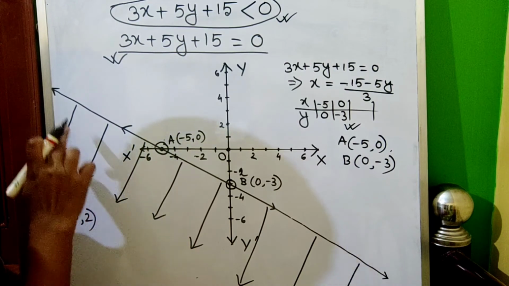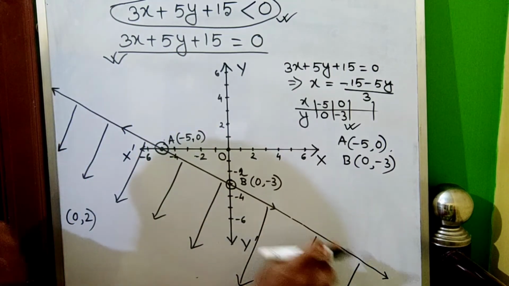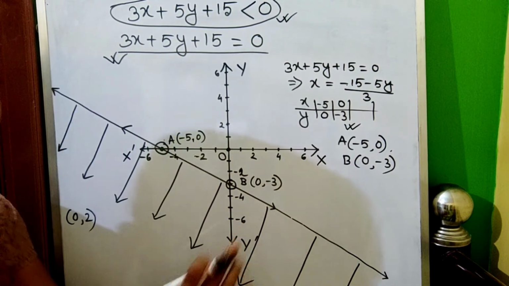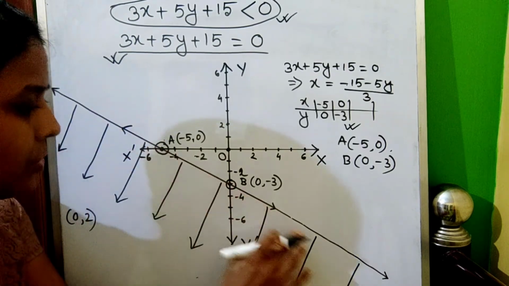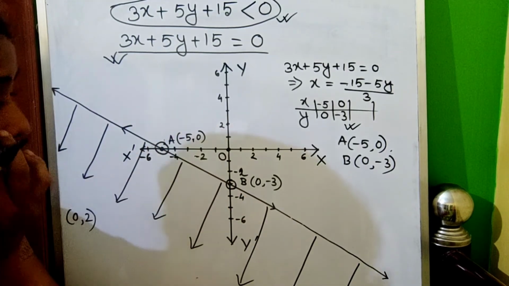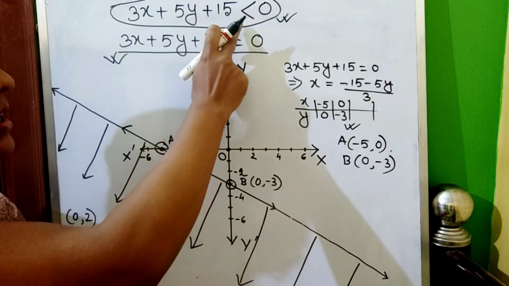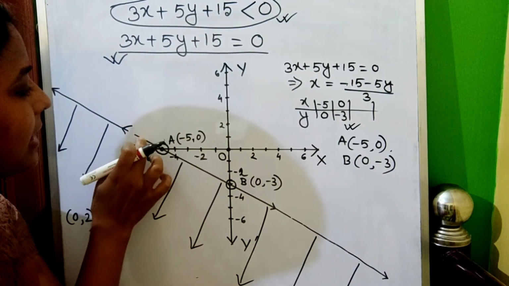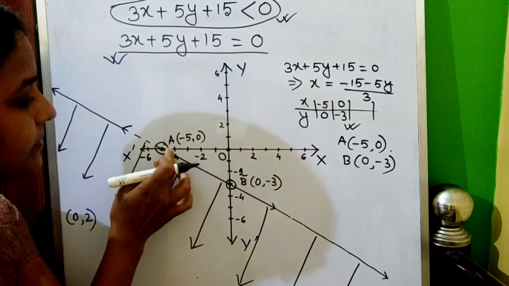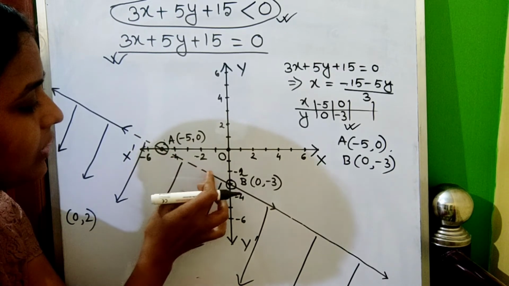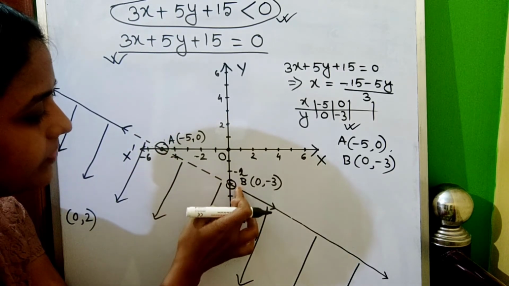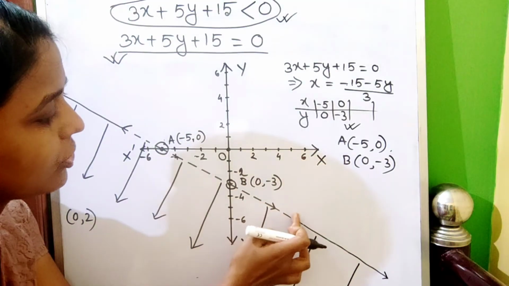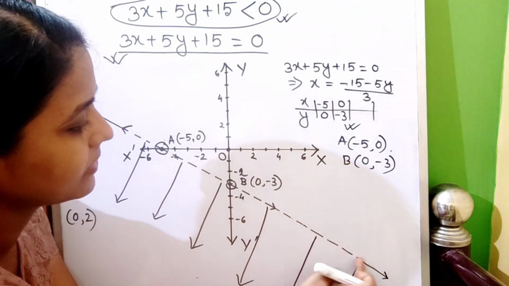Now you can see that I have not touched the line while drawing the arrows. You can draw like this, or as the inequality is a strict inequality, you can draw a dotted line for the graph.